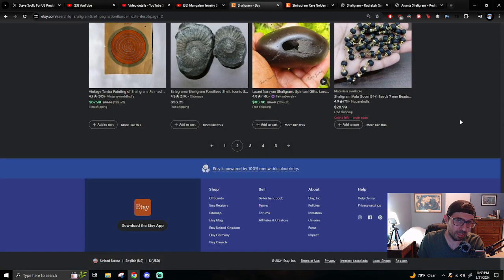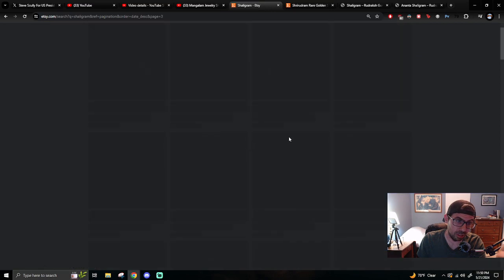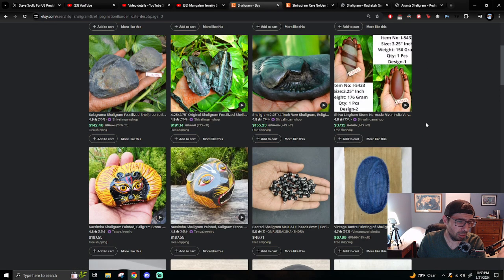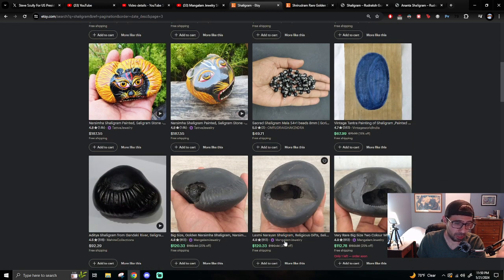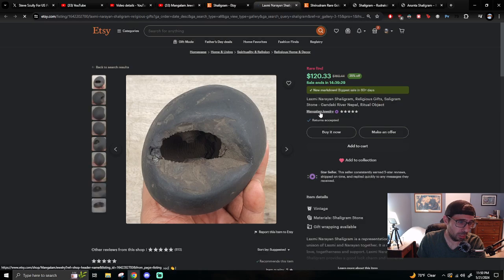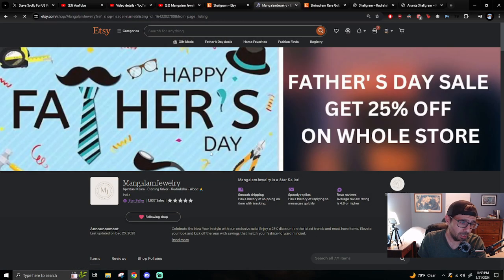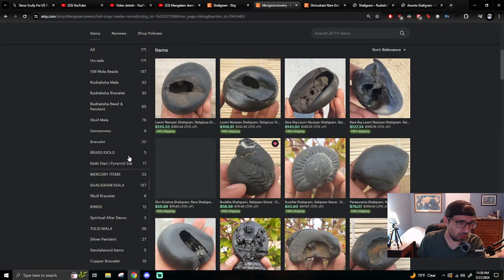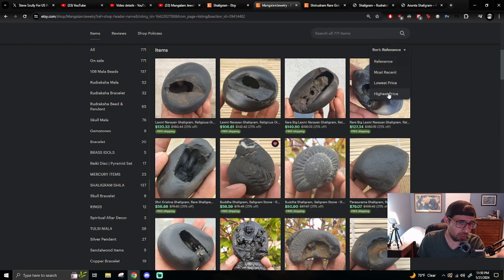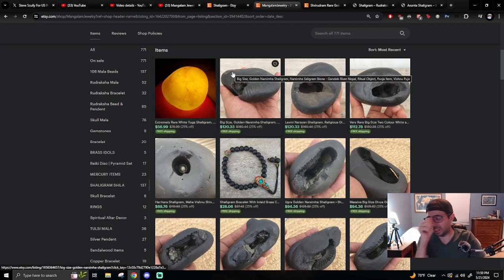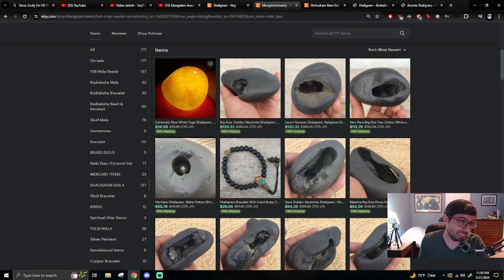This thing is like 16 inches in diameter, or in its largest width. So, Mangulum jewelry. This one, I forgot about this one. I saw this the other day and I was like, whoa.